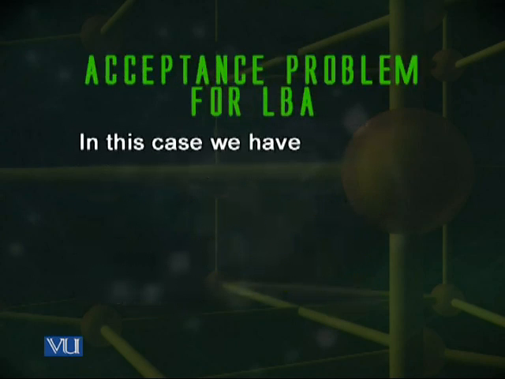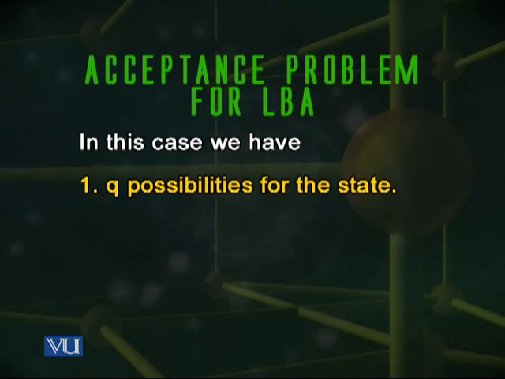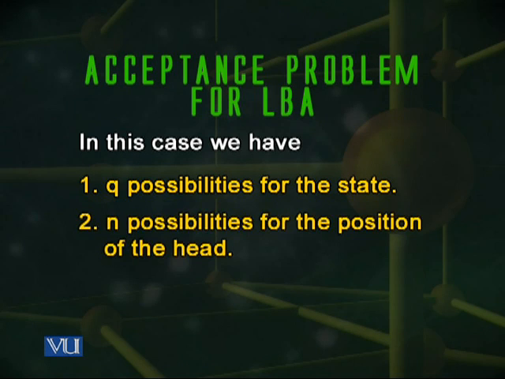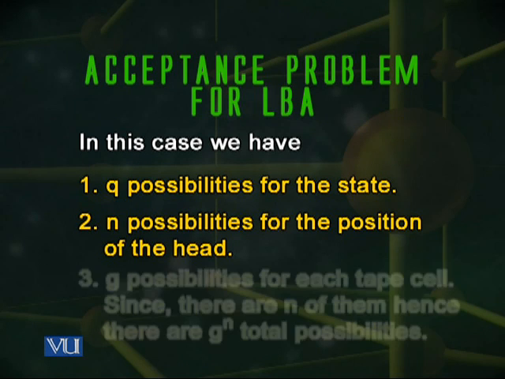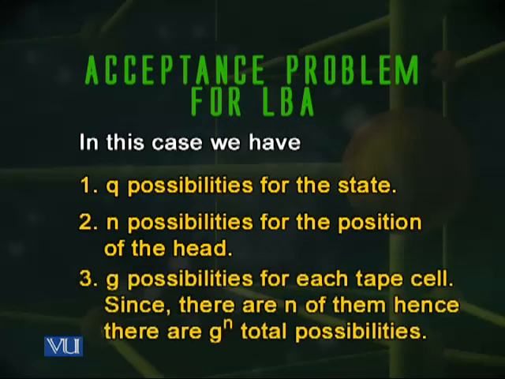Now, suppose you have a linear bounded automata M which has q states. Then for the state there are only q possibilities. There are n possibilities for the position of its head, and there are g possibilities for each cell, and since there are n of them, there are at most g to the n total possibilities of what you can put on the tape.